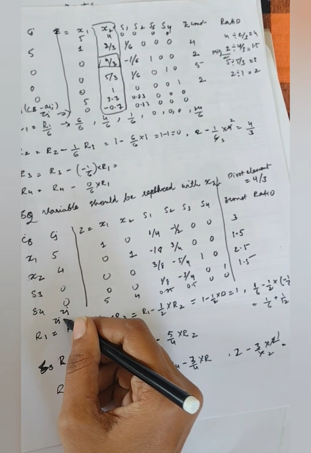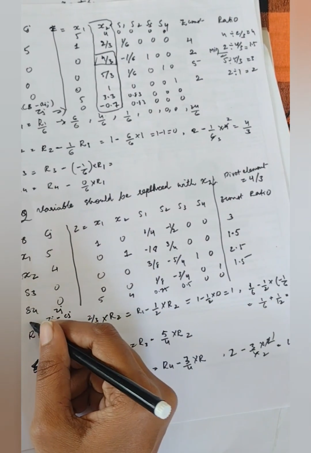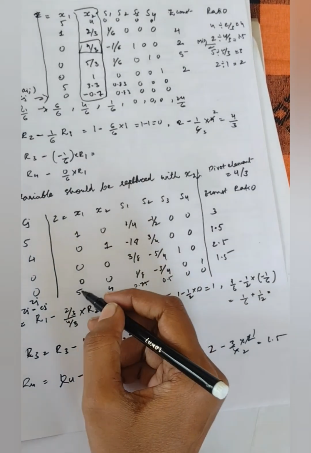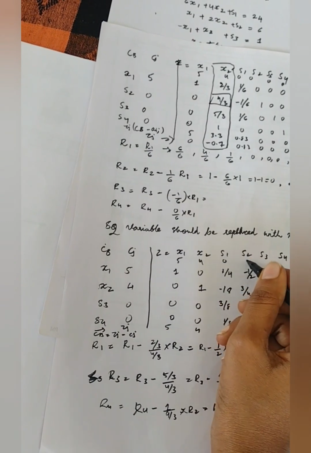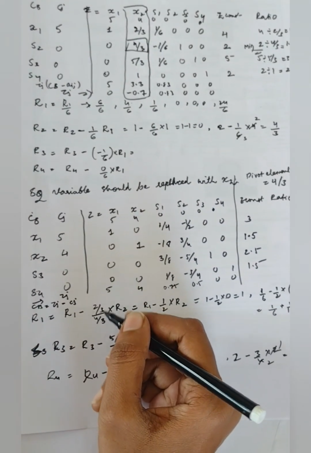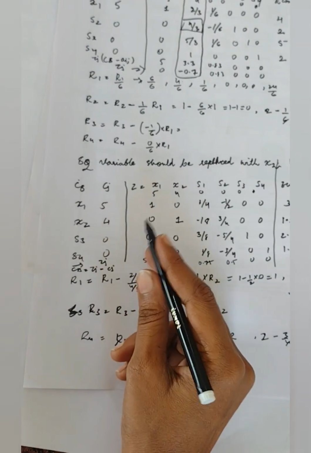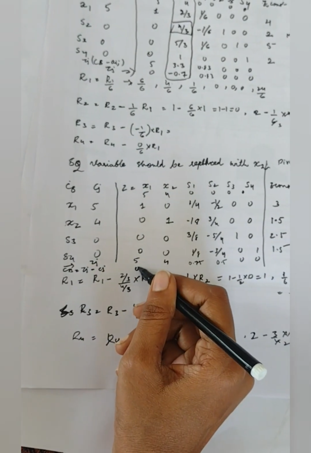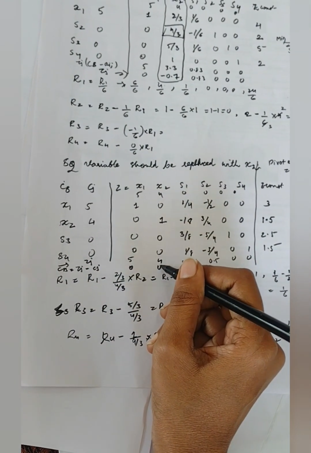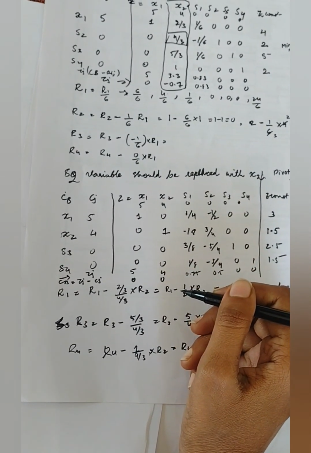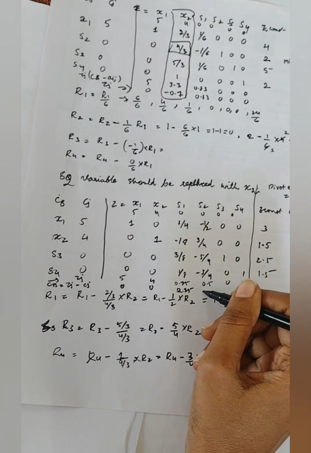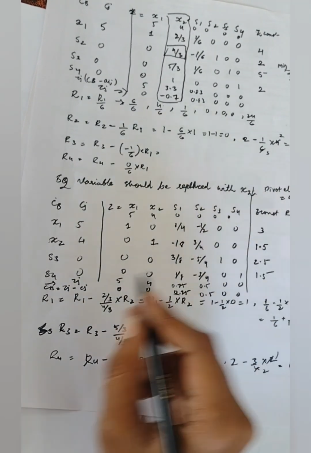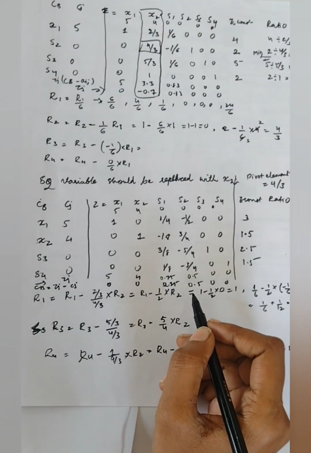Now ZJ minus CJ is equal to CB. 5 minus, sorry, I forgot writing this. 5, 4, 0, 0, 0. 5 minus 5, 0. 4 minus 4, 0. 0.75 minus 0 is equal to 0.75. 0.5, 0, 0. So there is no negative value, right? So the optimum solution has been reached.